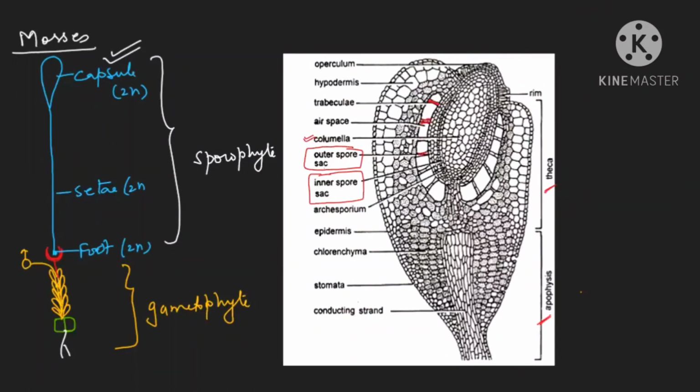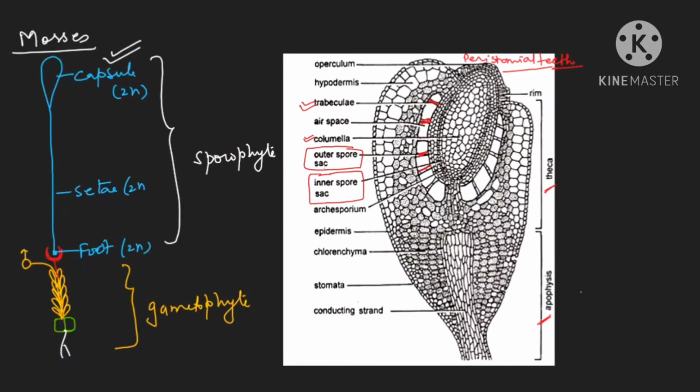These are known as trabeculae. And on top you are finding this is operculum. And here you will be finding peristomial teeth also. The peristomial teeth will be present which will help in the dispersal of the spores.